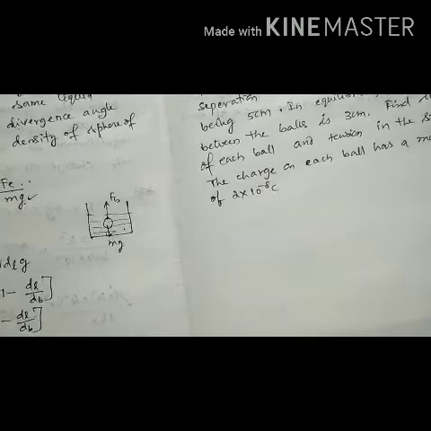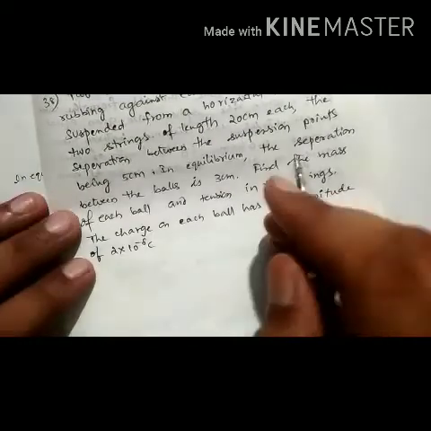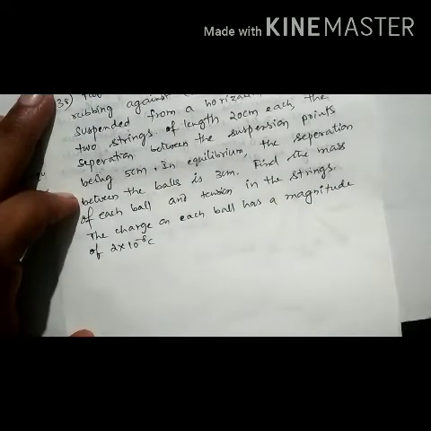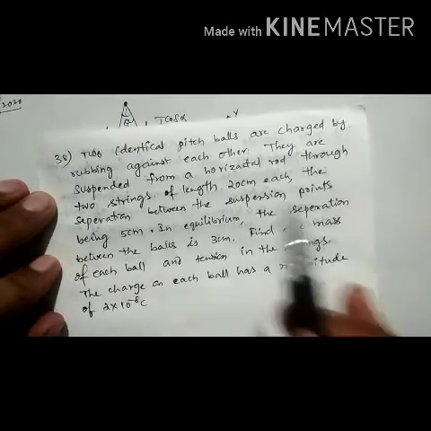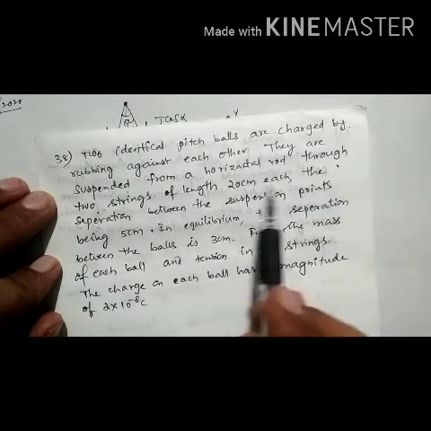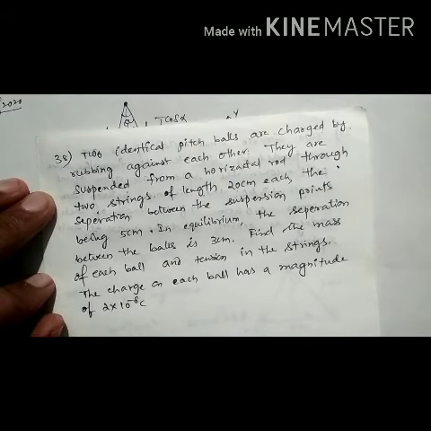And next, one more question I have considered, the 38th problem. Two identical pith balls. Pith balls means they are made up of foam. Pith balls are charged by rubbing against each other. They are suspended from a horizontal rod through two strings of length 20 centimeters each. The separation between the suspension points is 5 centimeters.